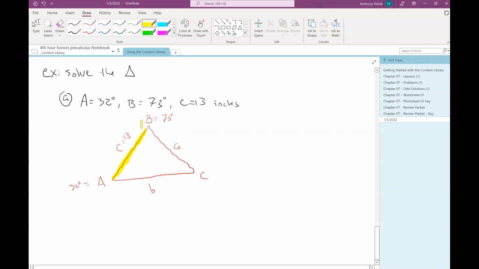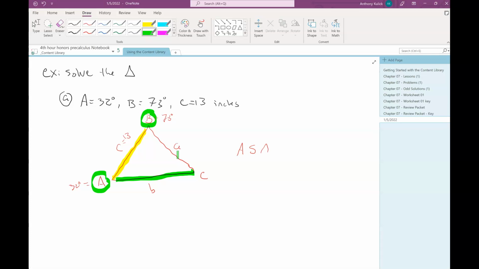It has to be an arm on both angles for it to be ASA. For example, if we had angle, angle, and then side, that's what AAS is going to look like, where the side B is an arm in only one of the two angles. You see the difference? Okay.